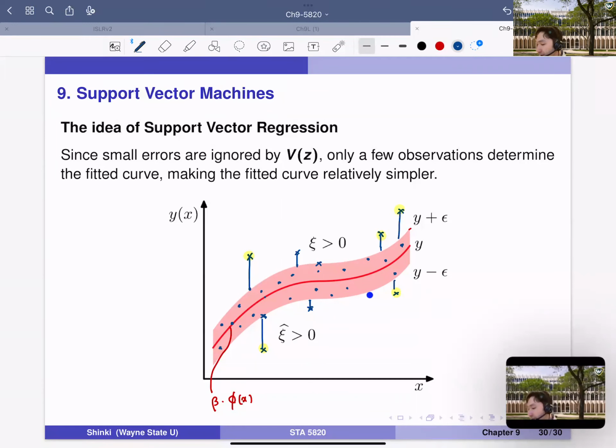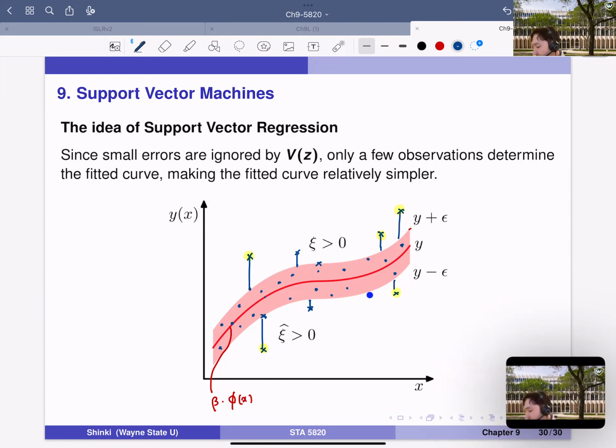So only a few observations are out of this tube. We expect that if the fit is good, then most observations are within this tube. So only a few X values affect the estimation results.